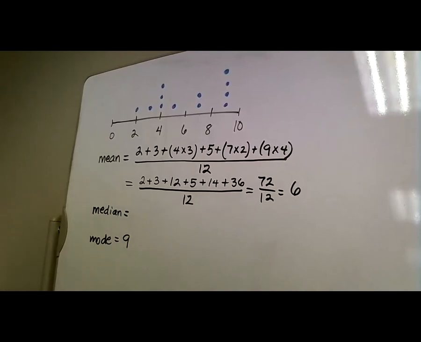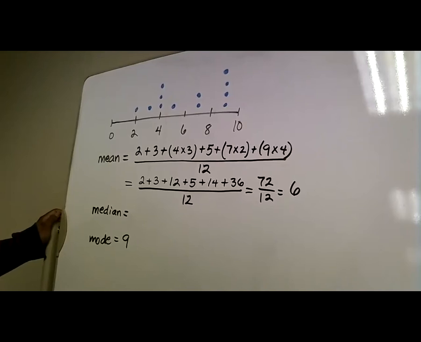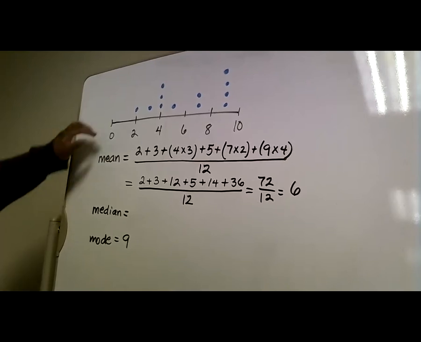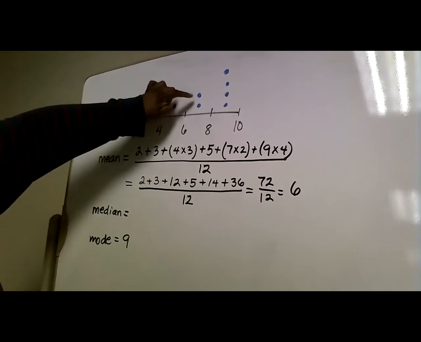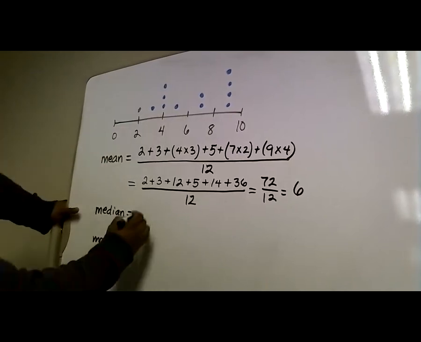And now for the median. I already know we got 12 data values. So that means we need to look at, in this case, the two middle numbers. In this case, the 5 and 7. So the 1, 2, that's 5. And this next one, 7.